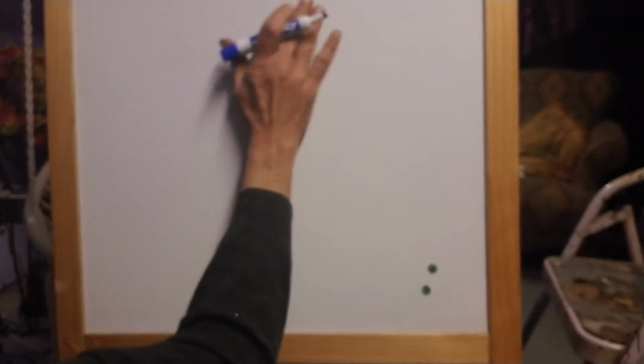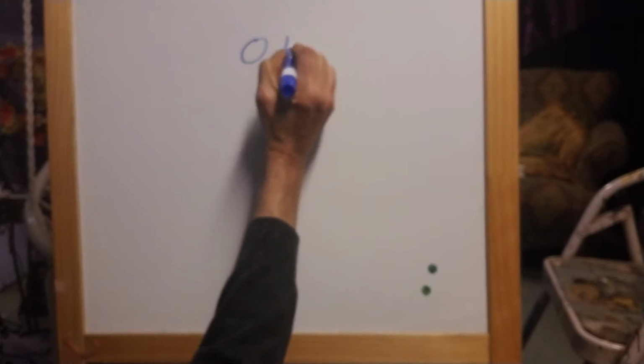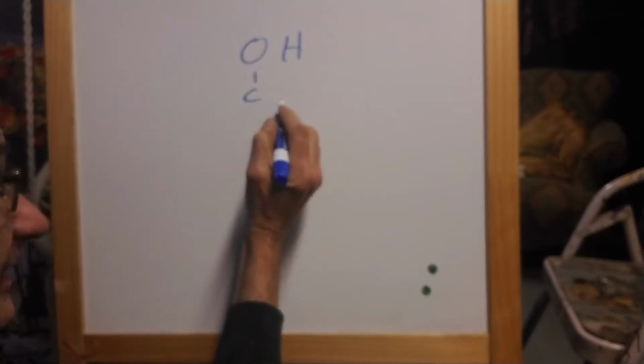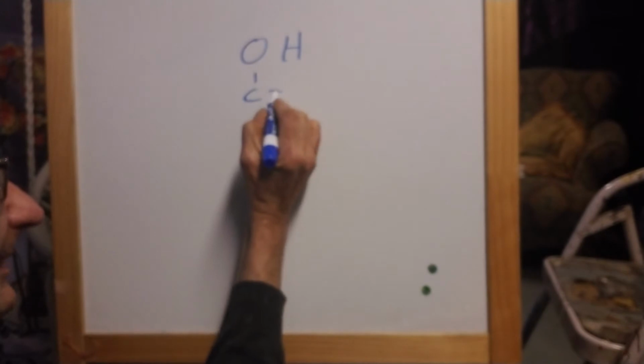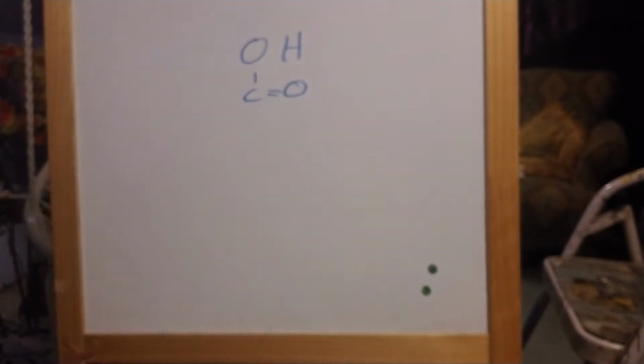Now, let's start here. We have oxygen and hydrogen. Oh, you can't see that. I guess let's start a little further down. You see that? OH. It's a hydroxyl, in case you forgot. That's attached to a carbon that's double bonded to an oxygen.